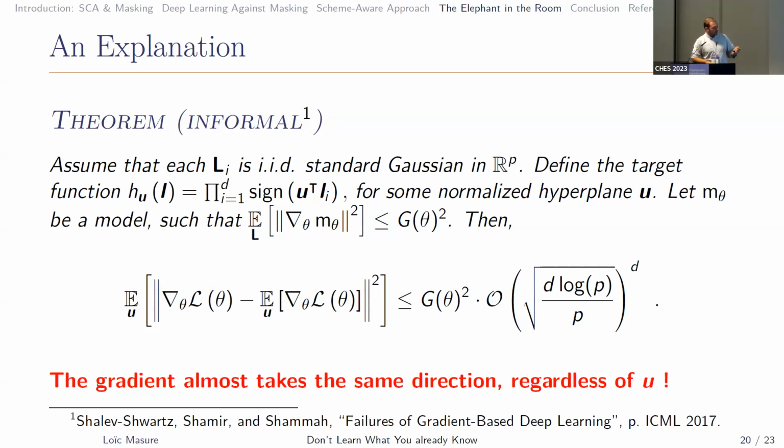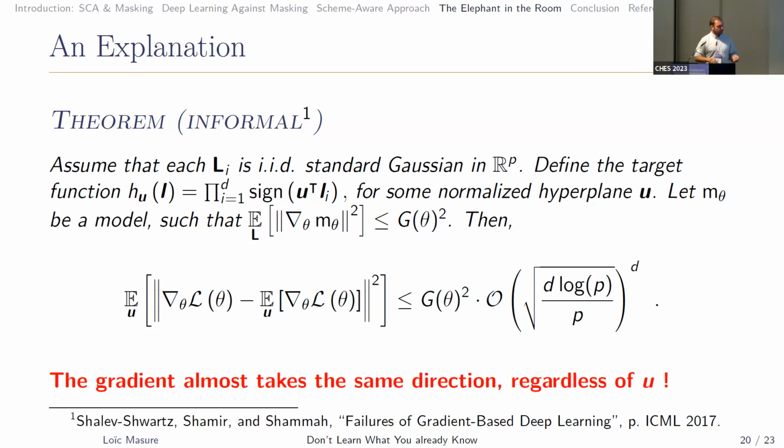Well, what this theorem says is that if you run in a model either in an uninformed case or in a schema-aware case, so everything which is not worst case, then you have some upper bound on the variance of the direction of a gradient, which is upper bounded by something which is exponential in the number of shares.